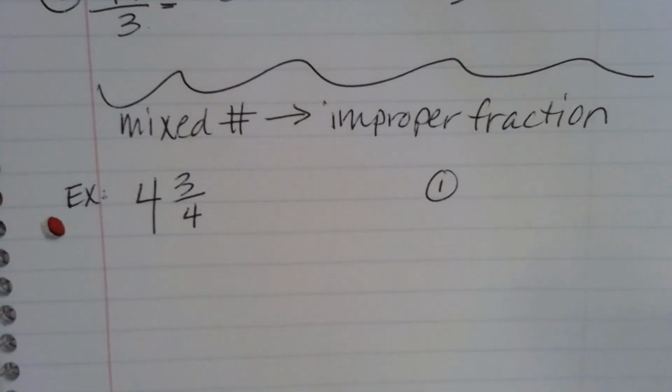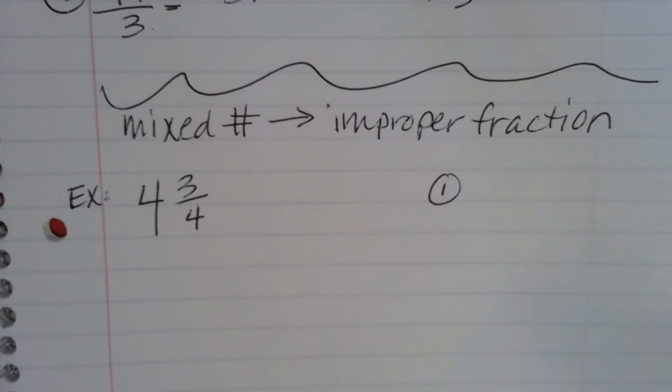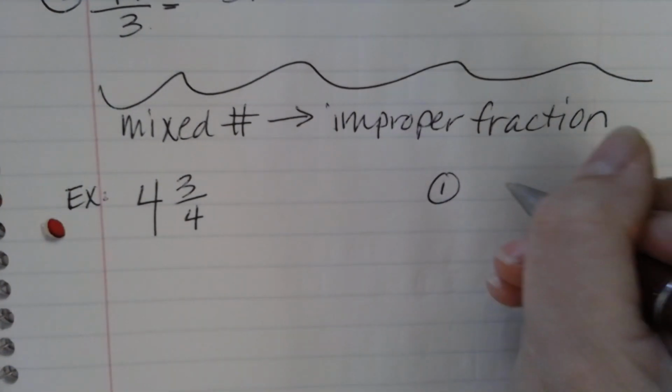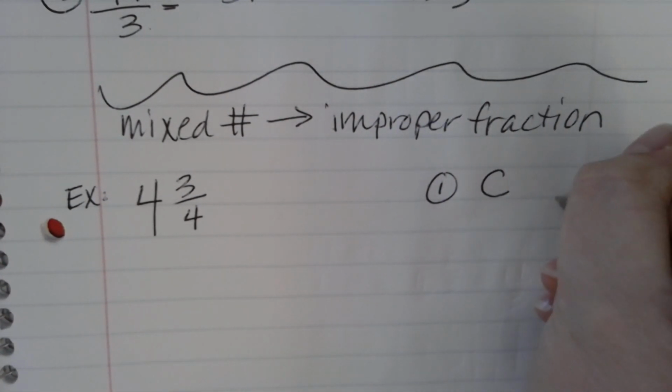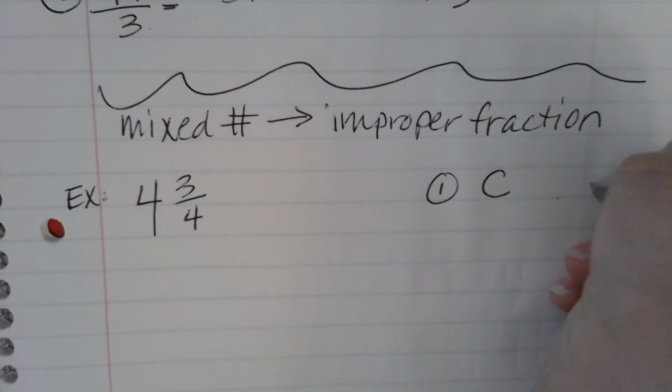Okay, so I am going to start with my mixed number. What I want you to do is think of drawing a C from the bottom up. So I'm going to draw a C from the bottom and then up.